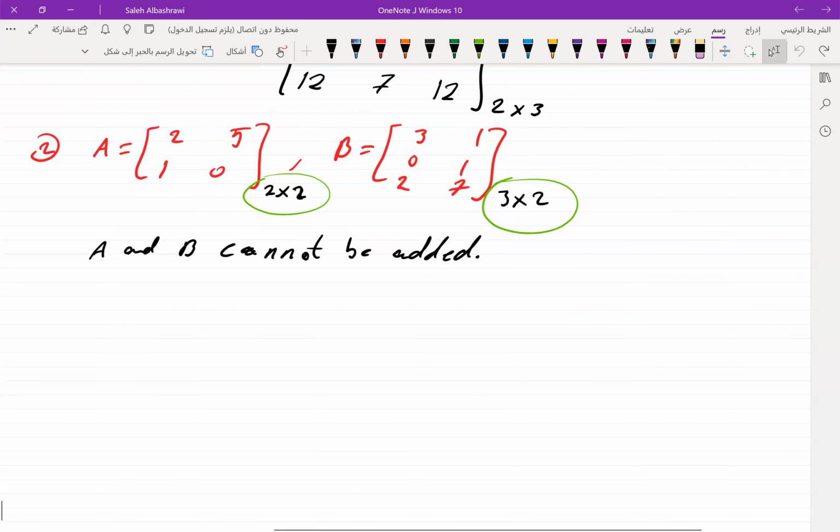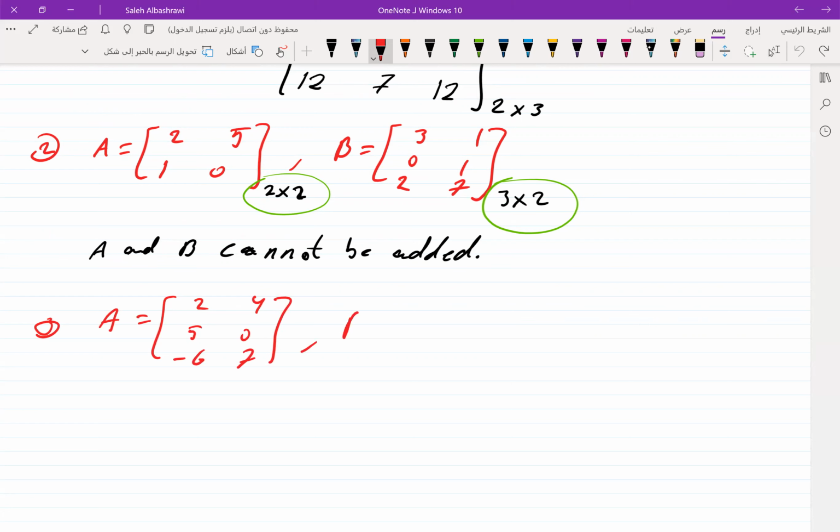Third one. Suppose that A is equal to 2, 4, 5, 0, minus 6, 7. B equal to, say, 4, 0, 1, 2, minus 5, and 9.